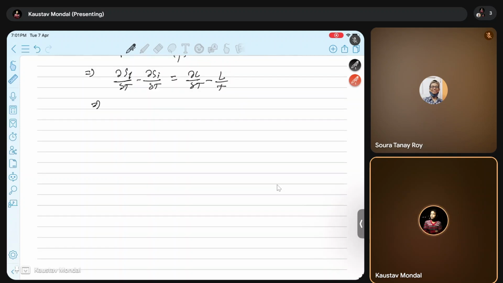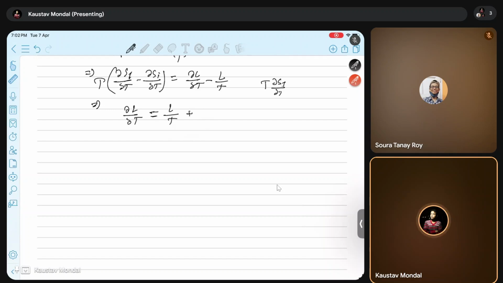If we simplify this a bit, it will become del L by del T equal to L by T plus T into del SF by del T minus del SI by del T.